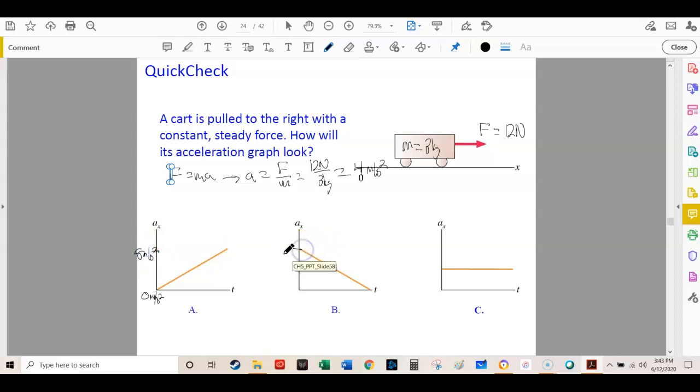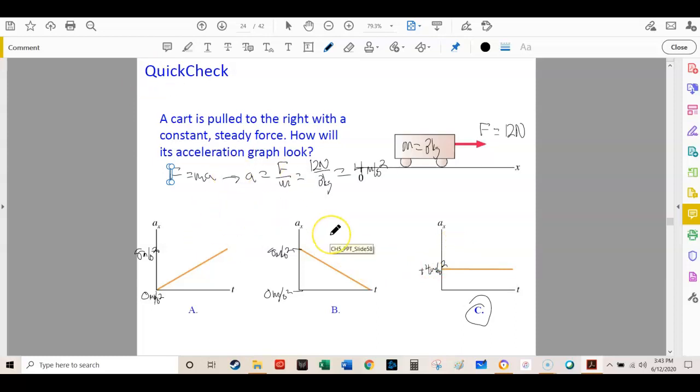And this is saying it starts out at 8 meters per second squared, and then your acceleration drops to 0 meters per second squared. This is basically just showing a positive 4 meters per second squared the entire time. And that is what we're looking for. So the answer should be C.